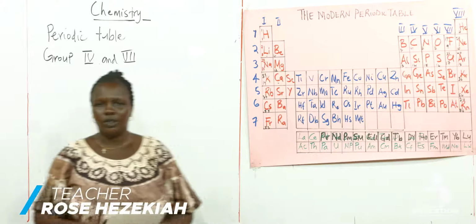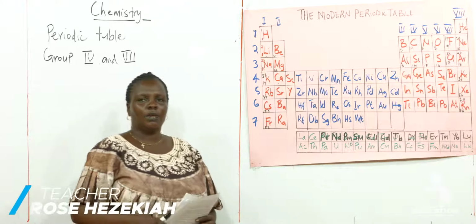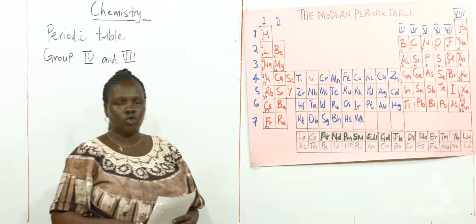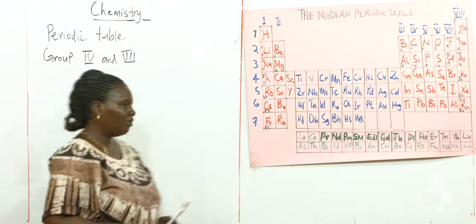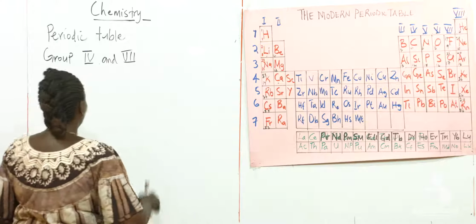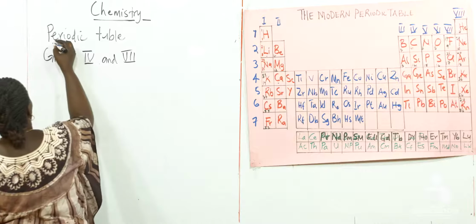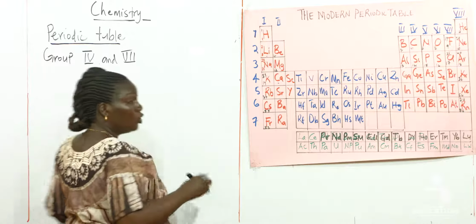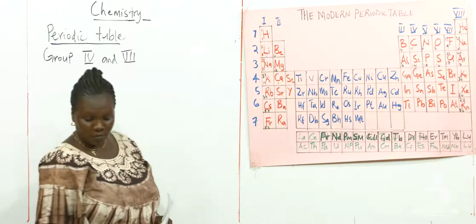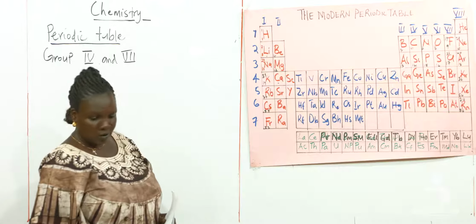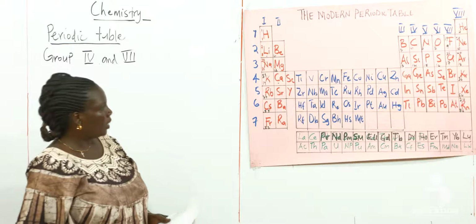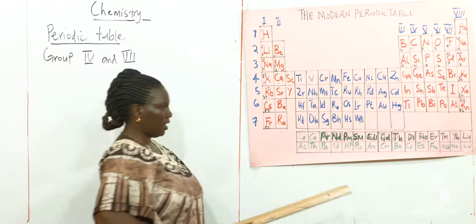With you is teacher Rose Hezekiah, and I'm here to present for you a lesson in chemistry for senior 1 and 2. Our topic for today is a continuation of the periodic table. We are going to look specifically at members of group 4 and group 7.